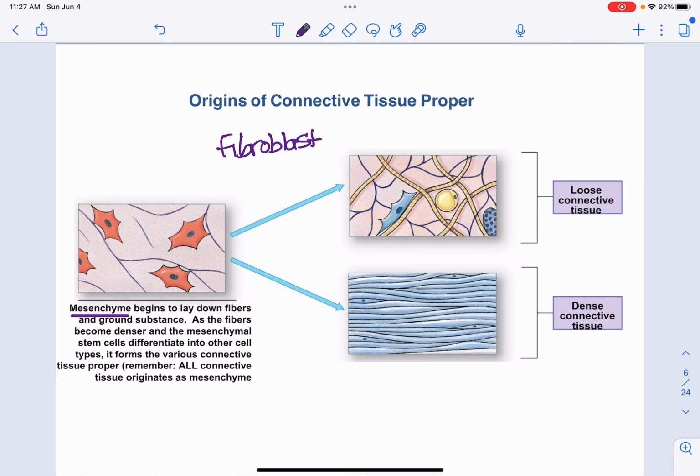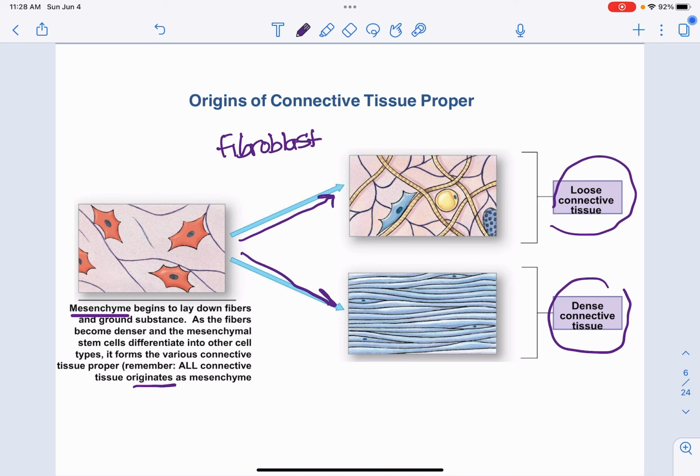All right, so this is how it originates, and then it will become either something called loose connective tissue or dense connective tissue. So there are two categories of connective tissue proper: loose connective tissue and dense connective tissue.